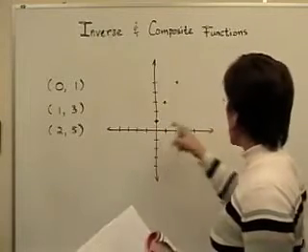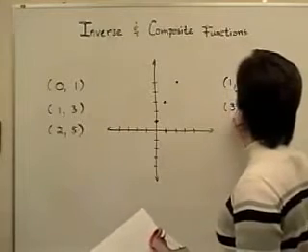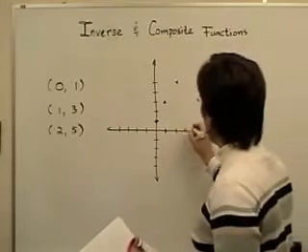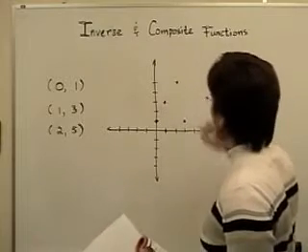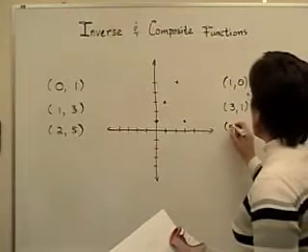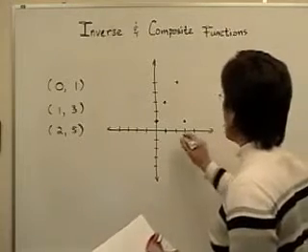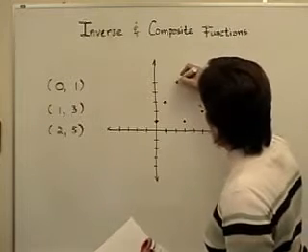Here's its inverse. The next one, I have 1, 3. Its inverse is 3, 1. So I'm over here and right here. So if that's the original ordered pair, here's its inverse. And then 2, 5, its inverse is 5, 2, which is right here. So here's the original ordered pair.